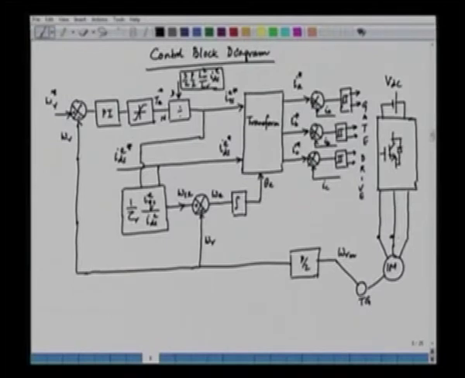In this case, we have three different phases: this is A, this is B, and this is C, and the currents here are IA, IB, and IC.